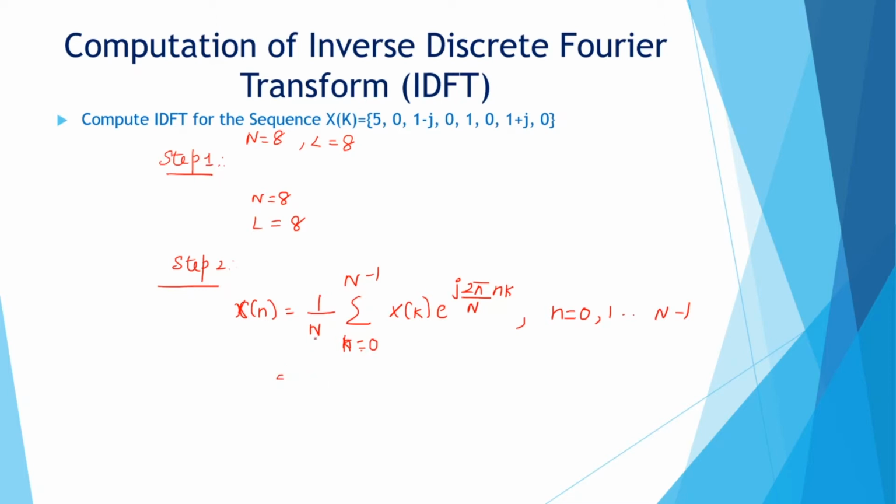So it is 1 by N, and N is 8 here. So 1 by 8, open the bracket. Now you substitute the value of k for every value. So k varies from 0 to 7, correct? So it is X of 0 plus X of 1 e power j 2 pi by N, so here it is e power j pi by 4 nk, when I substitute N as 8 here.